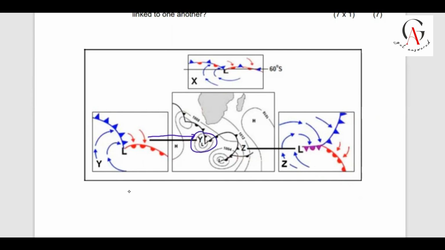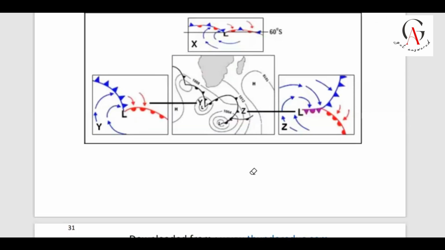So we need to be very careful with the labels. We have to find out the lowest air pressure recorded in stage Y. Now, this is going to take us to the isobar interval or pressure interval. What do I mean when I say pressure interval?